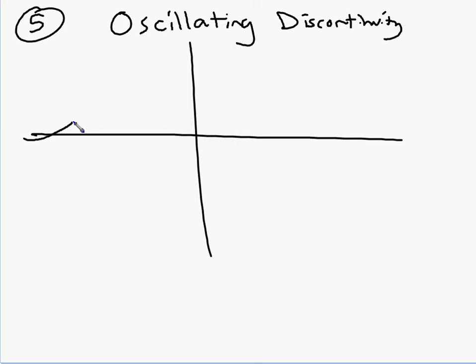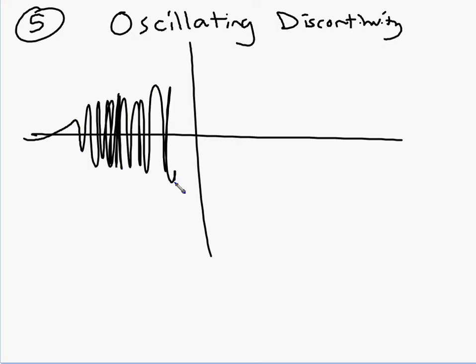Maybe it comes in right here and then oscillates like crazy. It oscillates so fast that we're having a difficult time determining how it is defined at a certain place, C, and what the left-hand and right-hand limits are. That one is not as common, but it is considered a type of discontinuity.